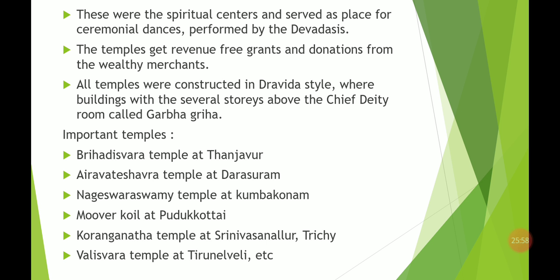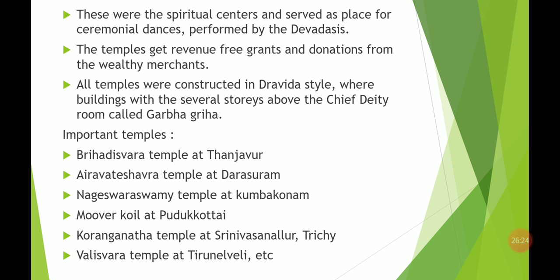There were also a lot of donations from wealthy merchants, the king, and other people, so they got a numerous amount of money, as well as income during the performance of yagna and all. All of this made the temples of the Chola Empire very prosperous.